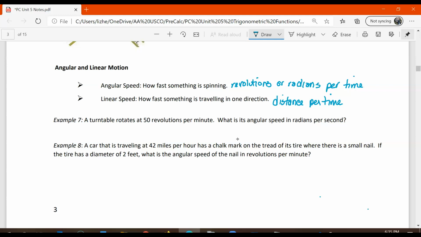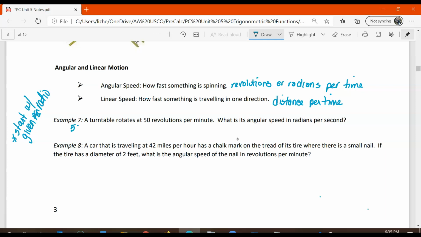Okay, example 7, a turntable rotates 50 revolutions per minute. What is its angular speed in radians per second? So as you do these problems, you want to start with your given ratio. I know you guys like that better. But anyhow, I am given that a turntable rotates 50 revolutions per minute.